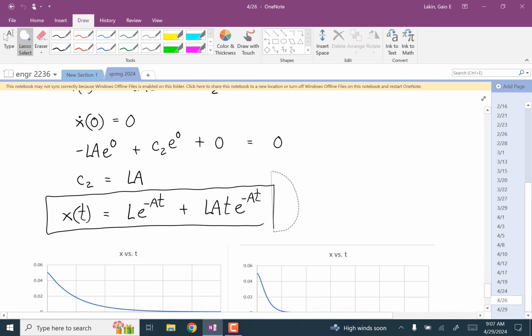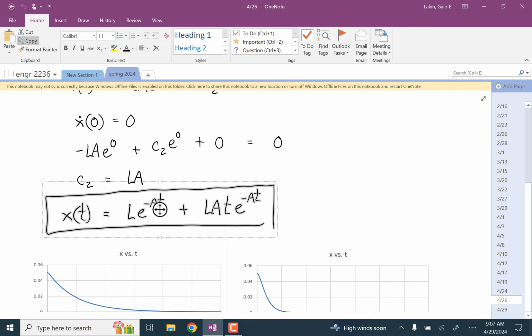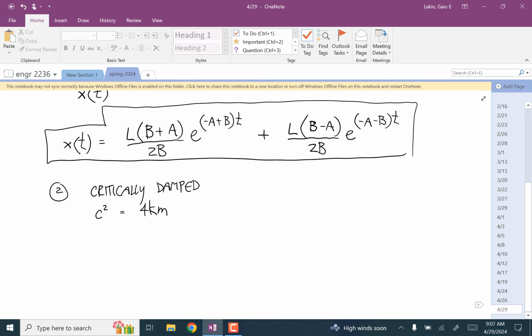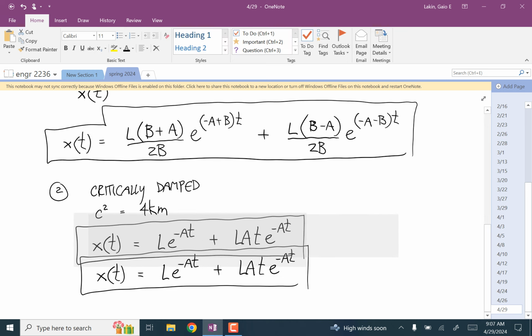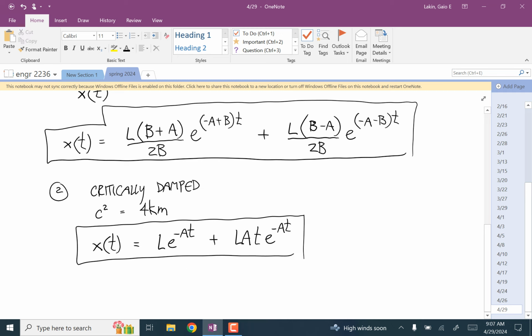And the solution looked like this. And if you look at these two cases, you should be able to identify these two when they're side by side.